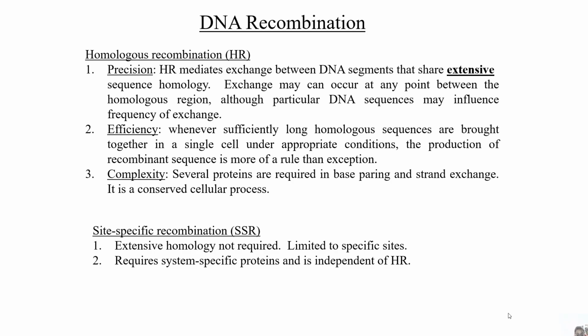Now, efficiency. Whenever sufficiently long homologous sequences are brought together in a single cell under appropriate conditions, the production of recombinant sequence is more of a rule than an exception.